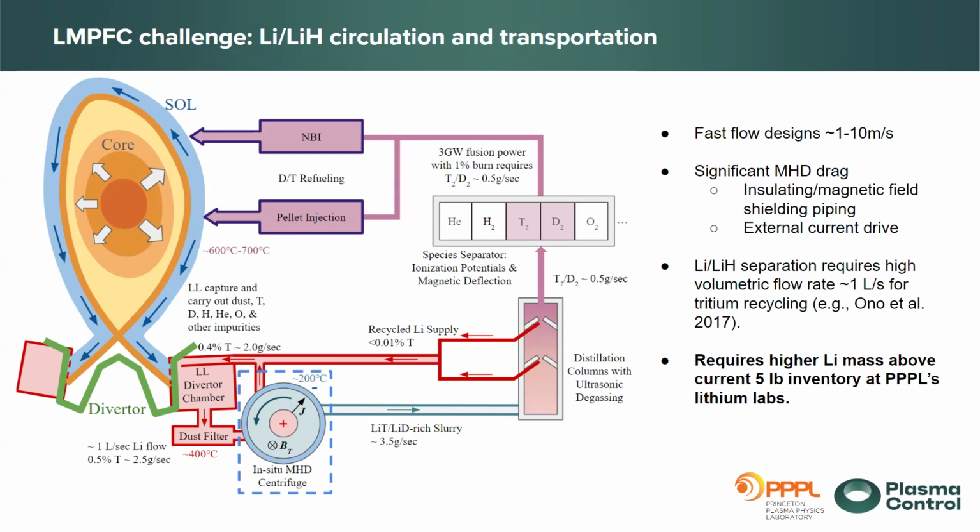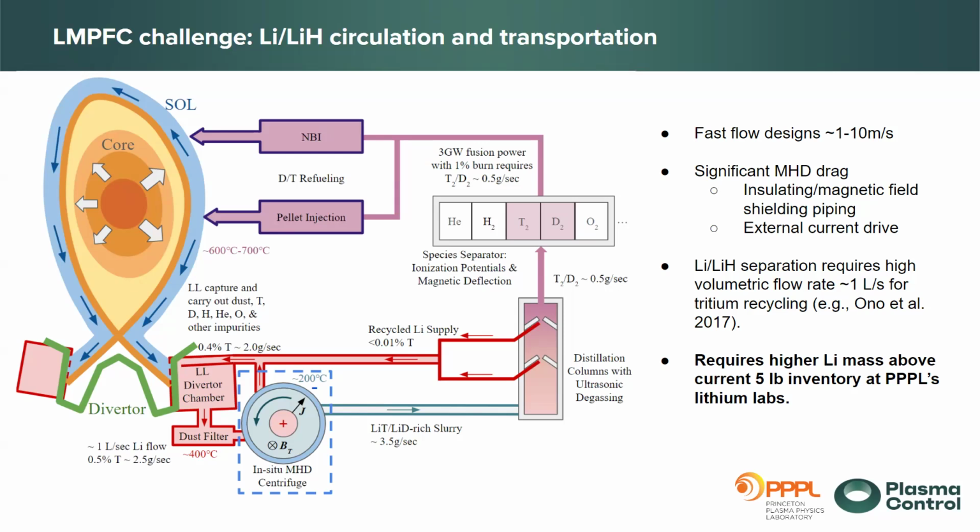Some of the basic estimates for this lithium hydride separation require a volumetric flow of about 1 liter per second for the minimum of tritium recycling. And also for all the fast flows, for example CPS with flowing ducts, you also require extremely fast flows, about 1 to 10 meters per second, if not more.